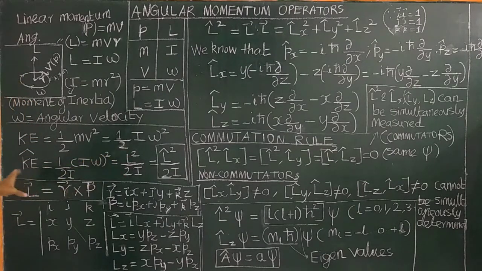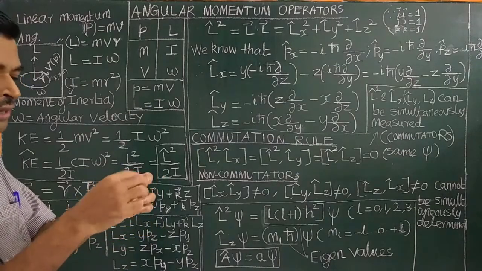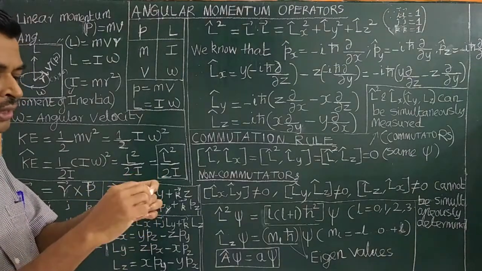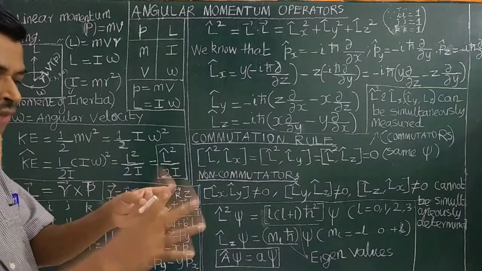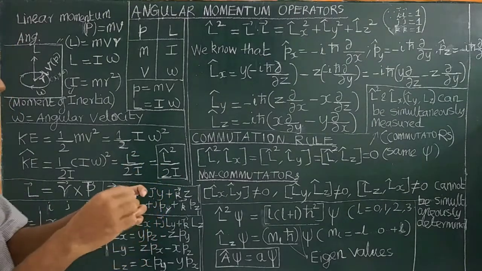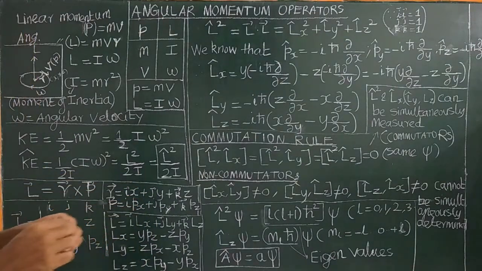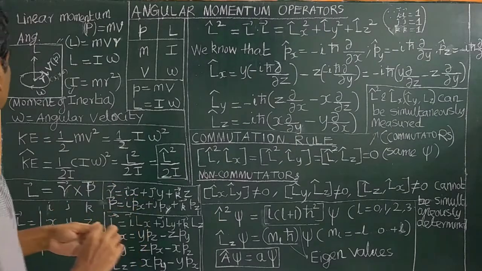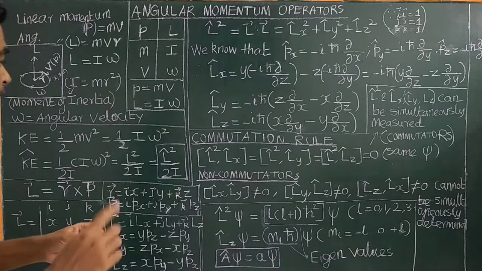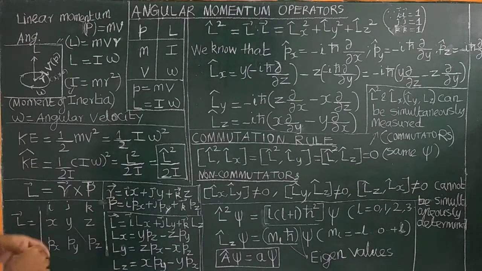Now let us derive the kinetic energy operator for the rigid rotator. For example, when a molecule is rotating with a fixed internuclear distance that is not changing, why is it called a rigid rotator? Because the internuclear distance is fixed. This is useful for studying rotational spectroscopy and microwave spectroscopy.